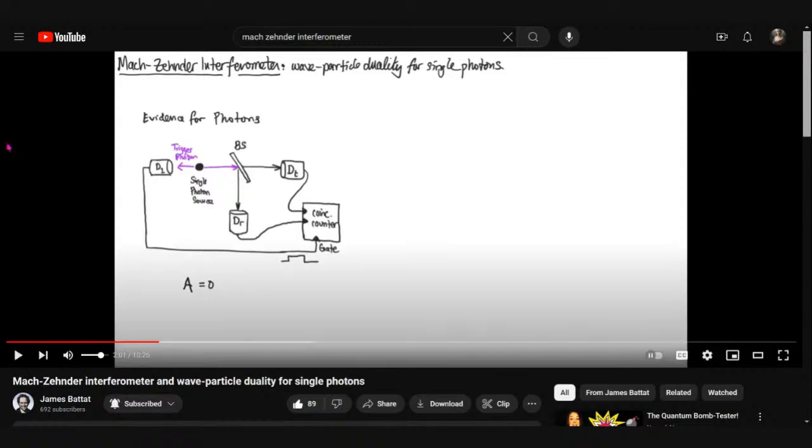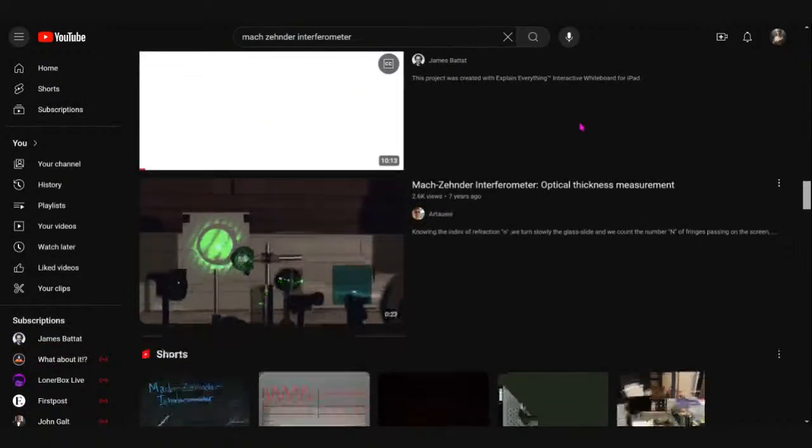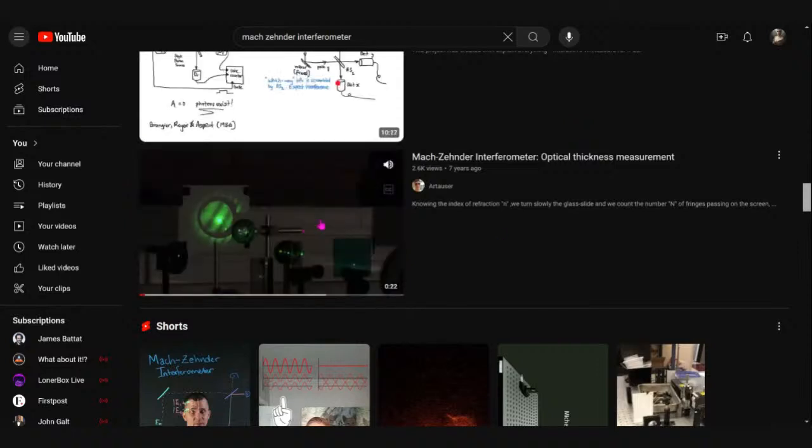Okay, this is impossible. This is just impossible. Two-slit experiment. Oh, something is happening here.